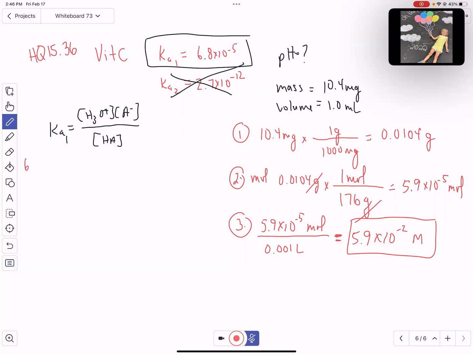The Ka, 6.8 times 10 to the minus 5, equals, I don't know hydronium and I don't know the conjugate base, but they should be the same. So x times x over the concentration that we just found, 5.9 times 10 to the minus 2. So I'm going to multiply both sides by 5.9 times 10 to the minus 2.